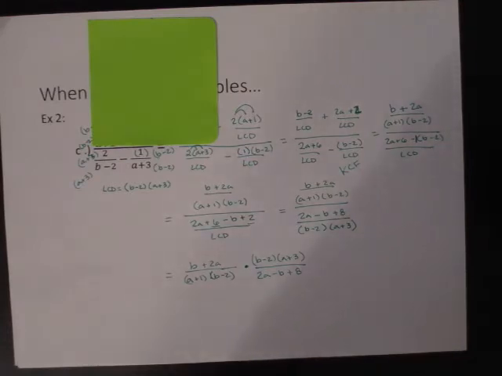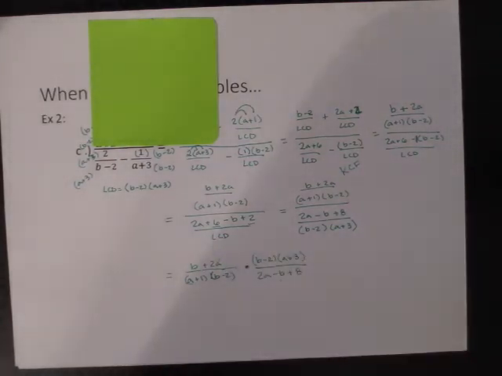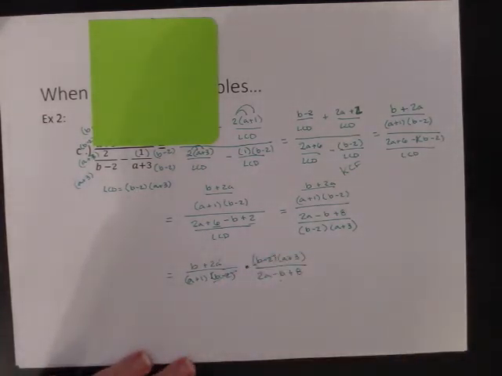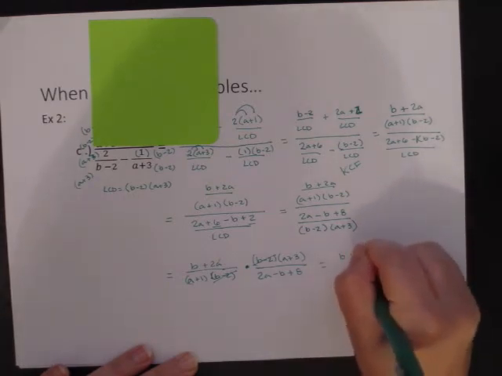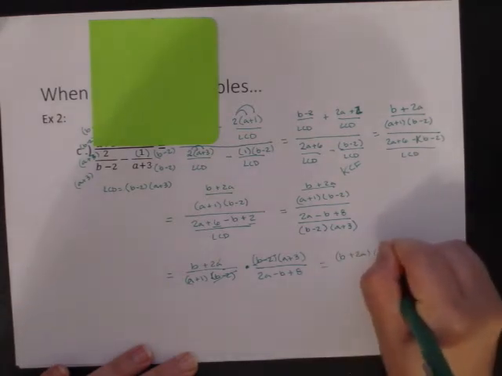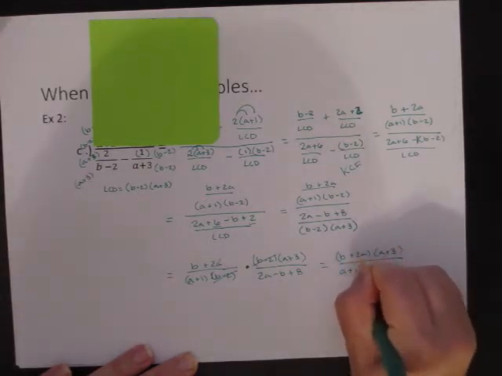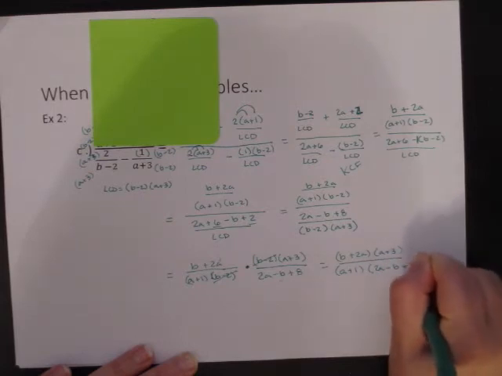Alright? Now, if I look from top to bottom, I see that I can't cancel anything out because it's attached with addition and subtraction. But if I look from bottom to top, I can see that the b minus 2 will definitely go away for us. So, at the top, I've got b plus 2a times a plus 3 over a plus 1 times 2a minus b plus 8.